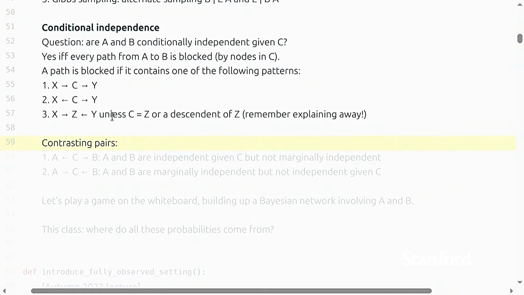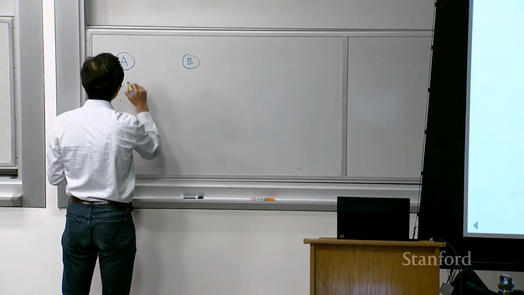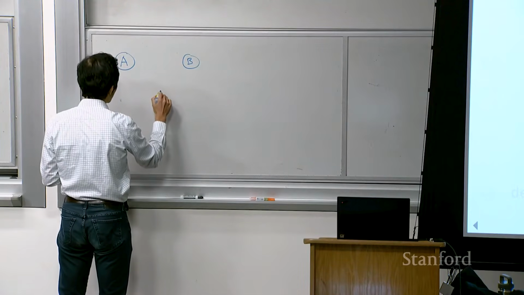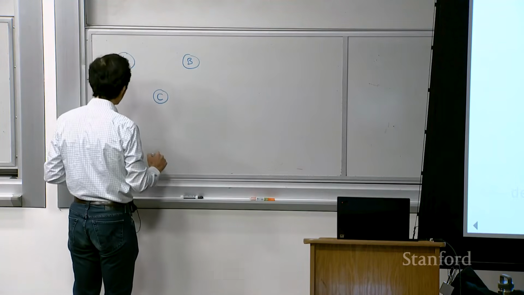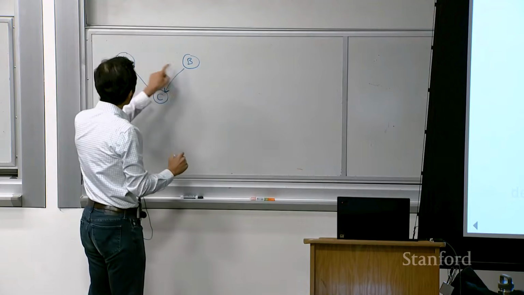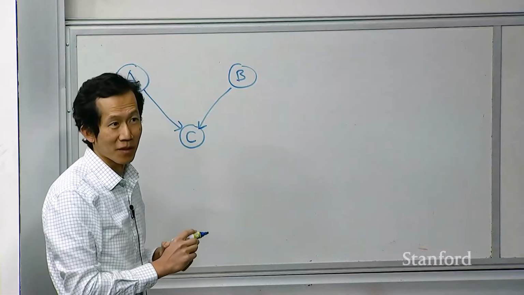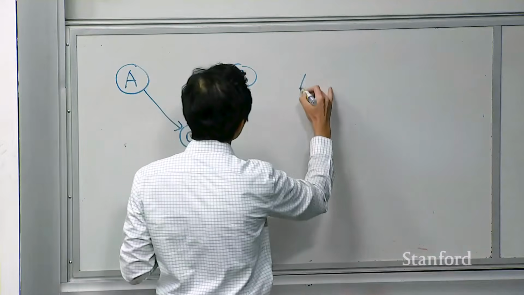Okay, so last time we talked about two different examples. Let me just write them on the board again, just to make this clear. So A and B, and let's see, C. Okay. So in this case, are A and B independent? Yes. Okay?